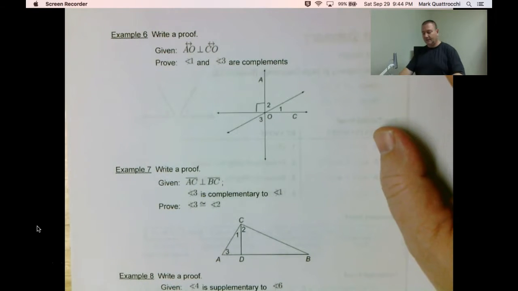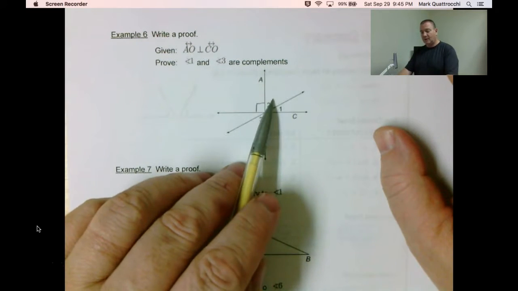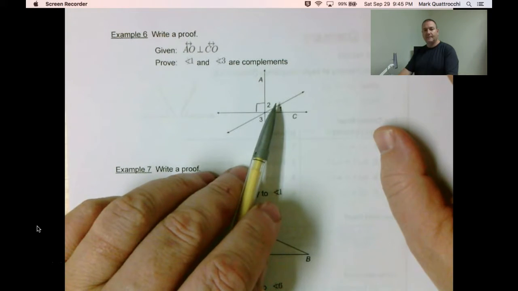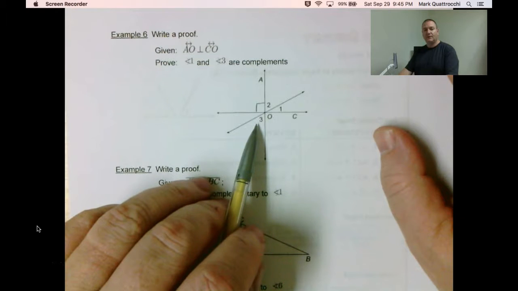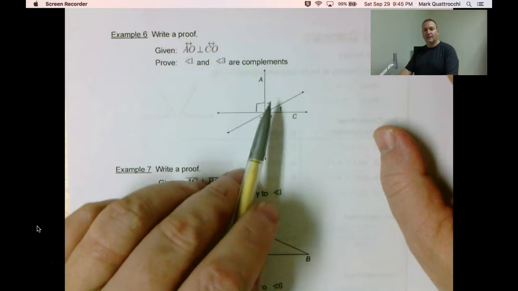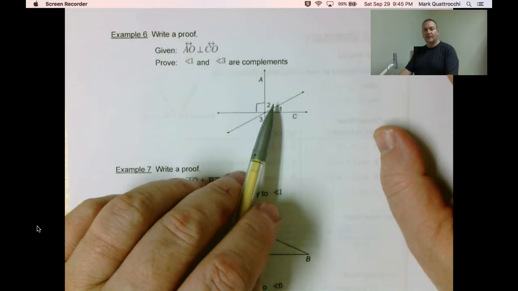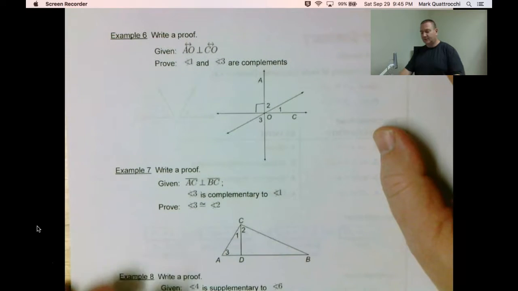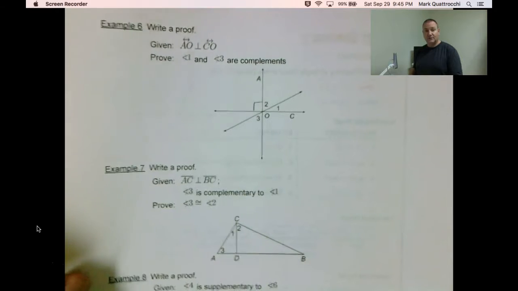They're perpendicular. Angles 1 and 2 are complementary. Angles 2 and 3 are vertical. Instead of saying that angle 1 is complementary to angle 2, I can say angle 1 is complementary to angle 3 by substitution. So let's go through and actually do this proof.